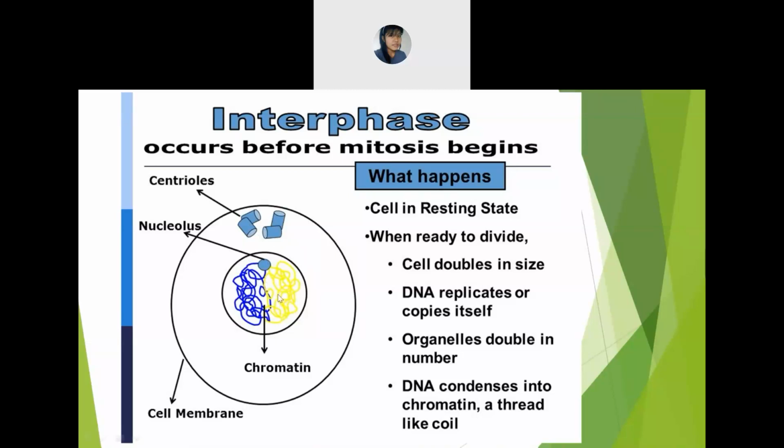Here, the cell doubles in size, right? And the DNA also replicates, means they double, they copy themselves. And the organelles also double in number. And the DNA condenses, means they come together and form a chromatin, which is just like a thread and like a coil.